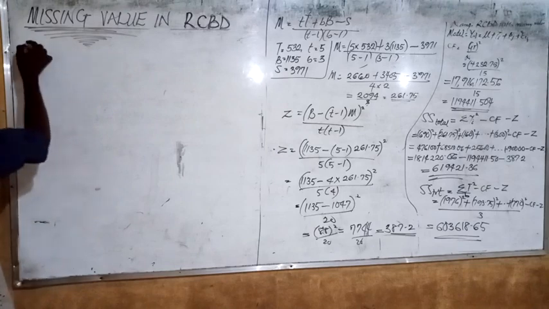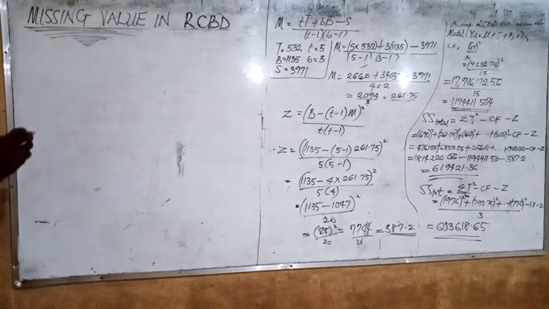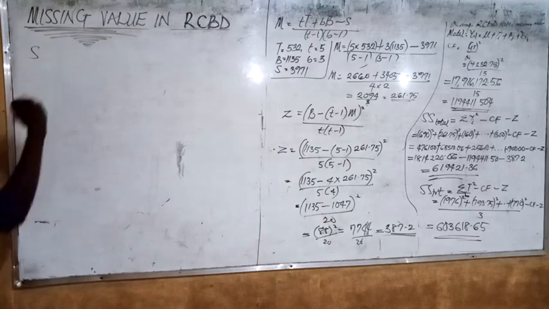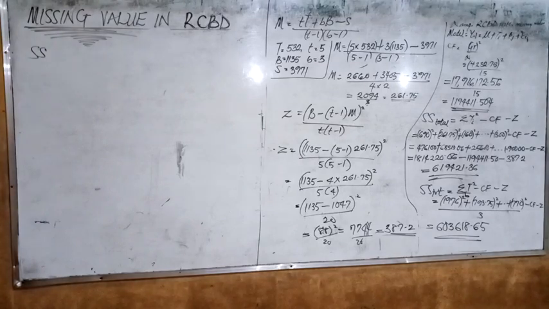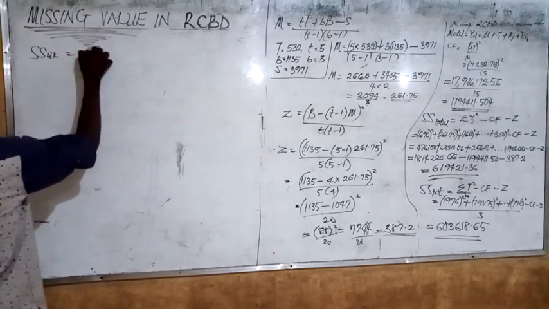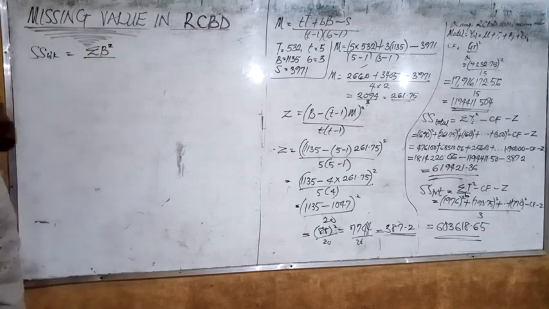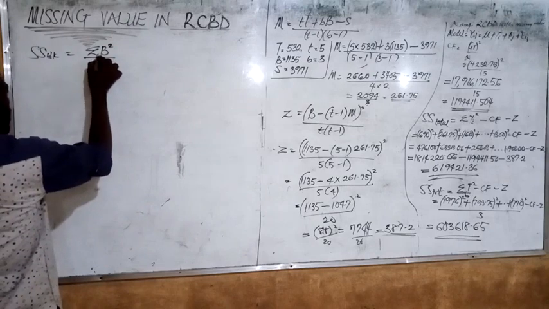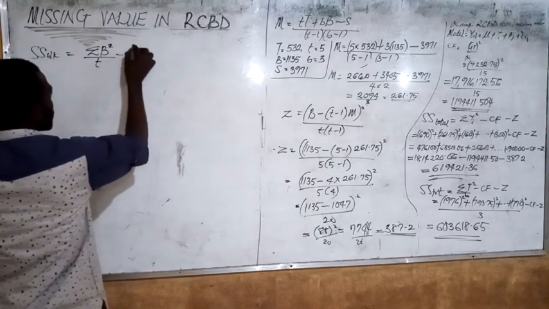Alright. So we have SS block, which is the summation of our blocks squared, the block is represented by beta, over the number of treatments, because the replicate for block is the number of treatments, minus CF.